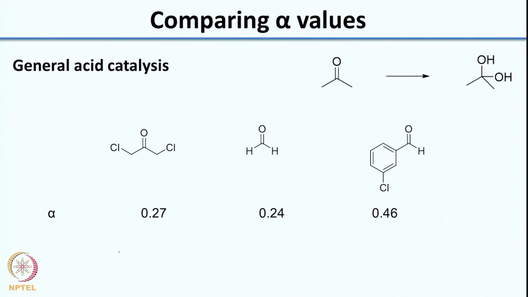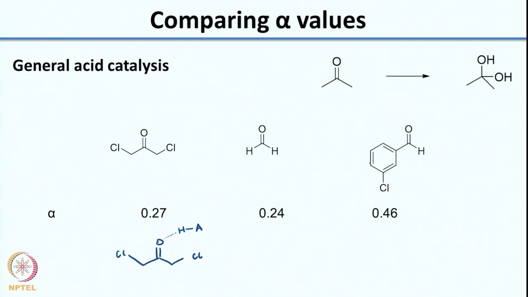So, you are looking at a situation where you do not have complete protonation in the transition state. And if you see, the value is lower for formaldehyde and the dichloroacetone derivative as compared to the benzaldehyde derivative.